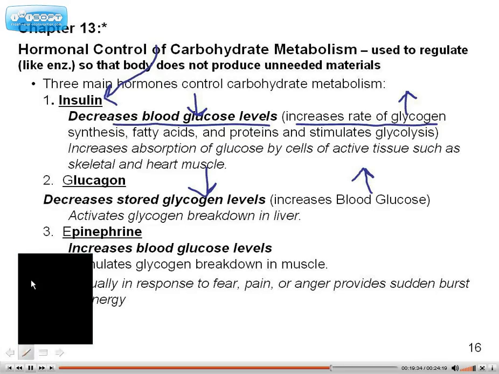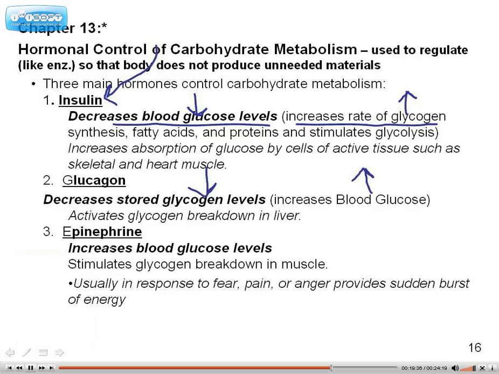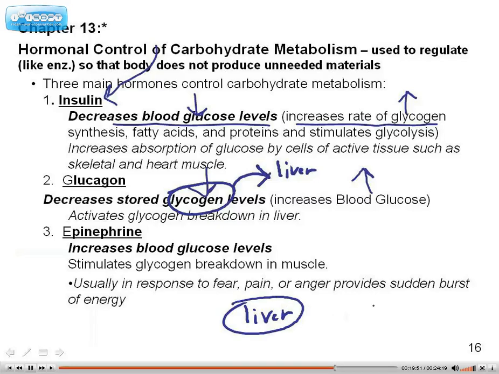Now, the reason I'm focusing on the first 2 is due to the fact that the glycogen we're referring to is found in the liver. So, the first 2 hormones really have to do with the relationship between the liver and your blood.